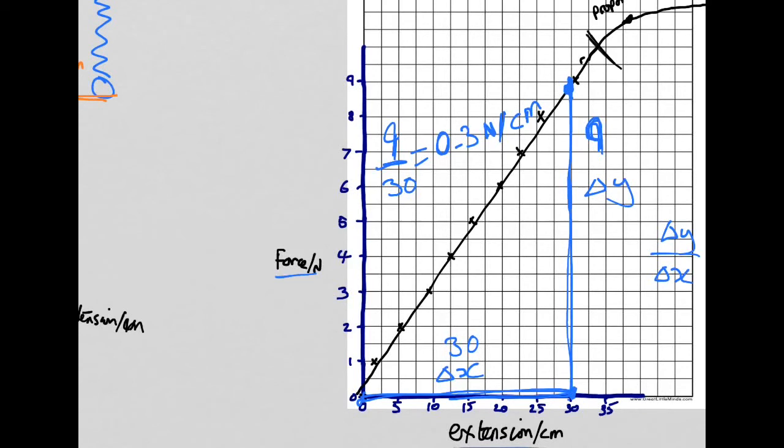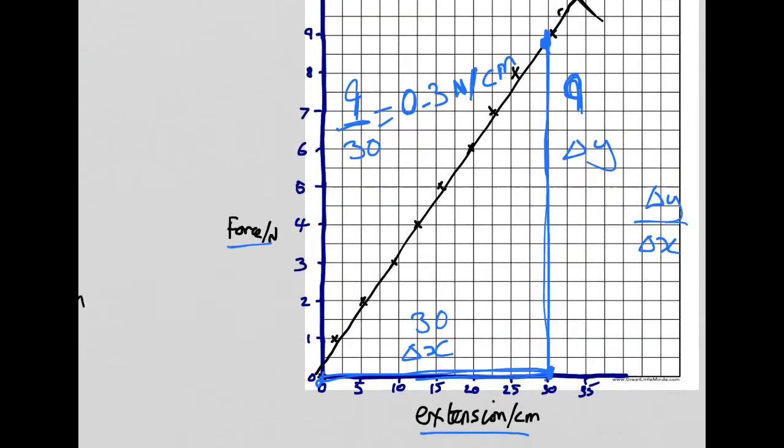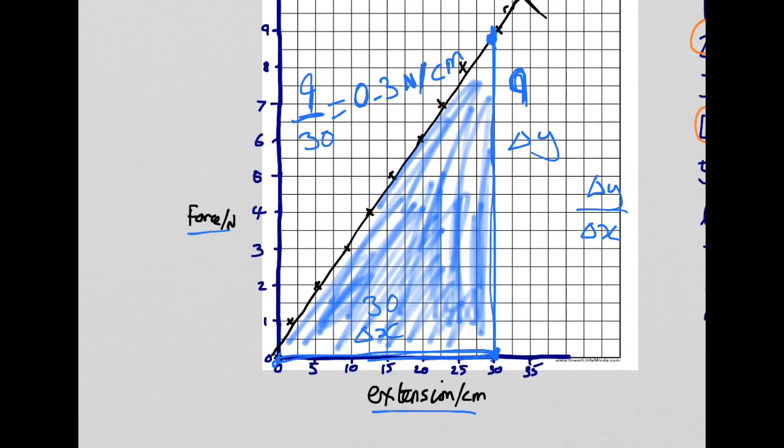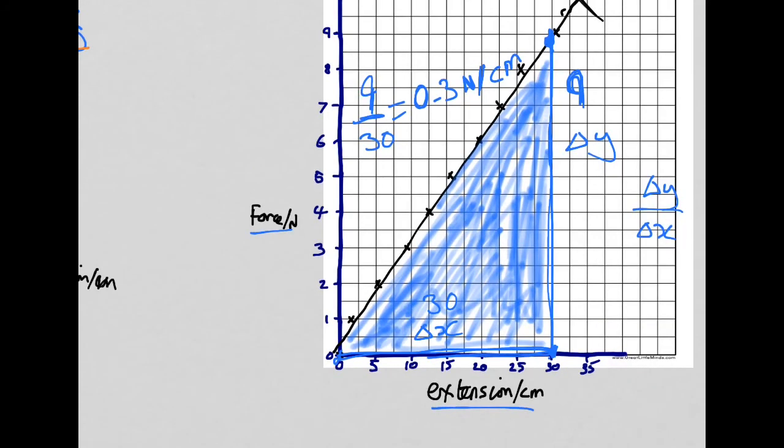We can also calculate the energy stored in the spring. The area underneath the graph is going to give me the energy stored by the spring. So this area underneath the graph here. How am I going to calculate the area of this triangle? It's a triangle, so the area is half times the base, which is given by extension, times the height, which is given by force.